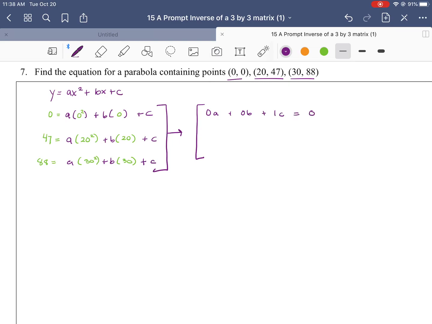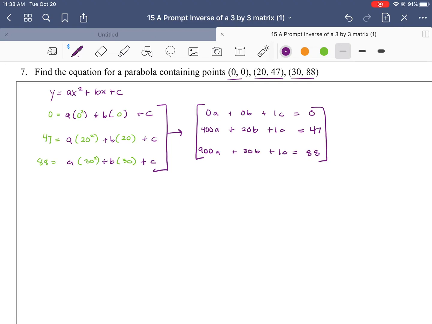So therefore we know C is 0. 20 squared, so it's actually going to be 400A plus 20B plus 1C equals 47. 900A plus 30B plus 1C equals 88.